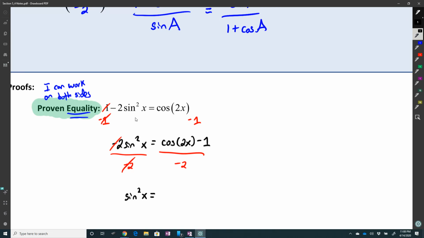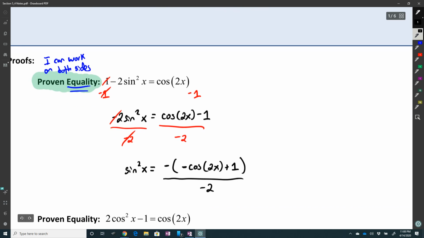and now what I'm going to do is I want that negative to cancel. So I'm going to take a negative out of the top. It seems kind of silly, but I'll show you what I mean in a bit. So this allows the negatives to cancel. Okay. Moving up here.